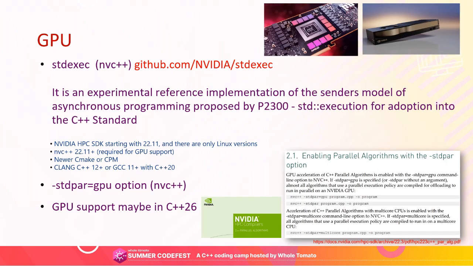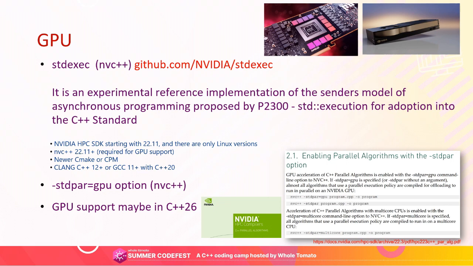On the GPU side, there's stdexec in NVIDIA C++. It's an experimental reference implementation of the Senders model of asynchronous programming. It is an adaptation into the C++ standards, and it requires Clang 12 with C++20 and newer, CMake, and the NVIDIA HPC SDK starting with 22.11.